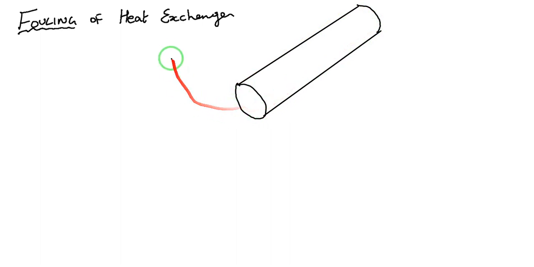There is a continuous flow of fluid in this pipe. The fluid flow is continuous. Due to the continuous flow, what happens? In the wall of the pipe there is a scale or rust formation.